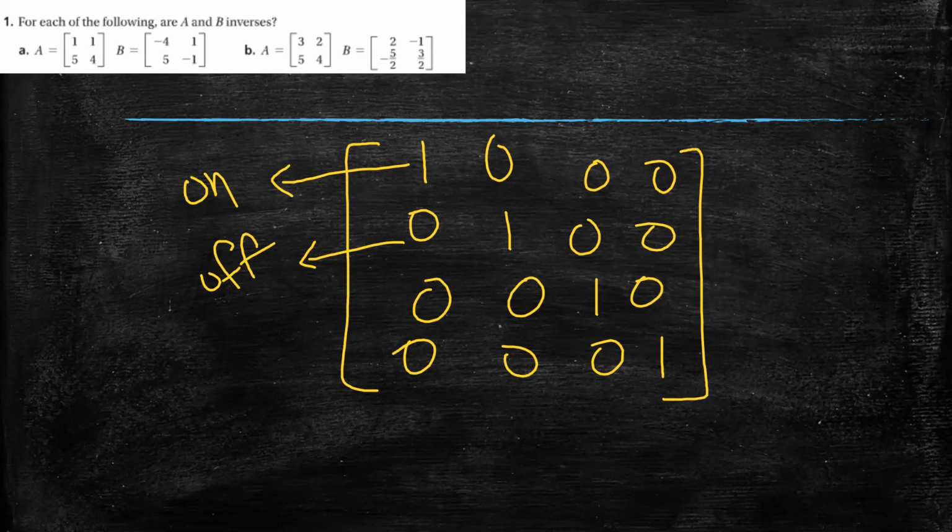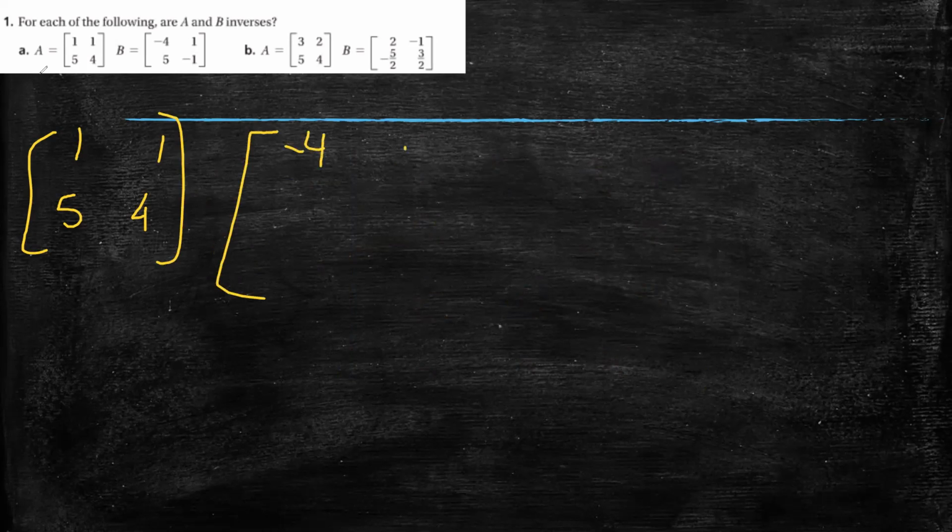Okay. So let's continue now. Here, A and B. For each of the following, are A and B inverses? A is 1 1 5 4. B is -4 1 5 -1.